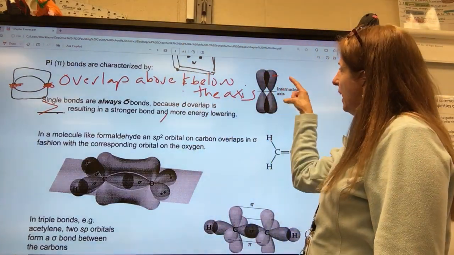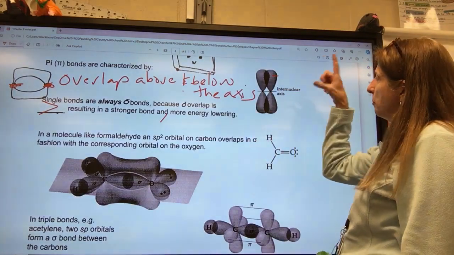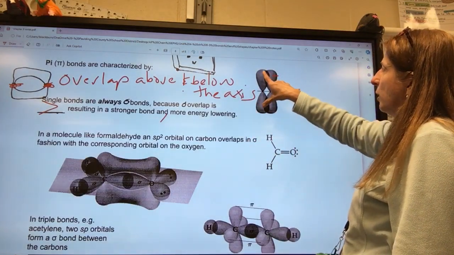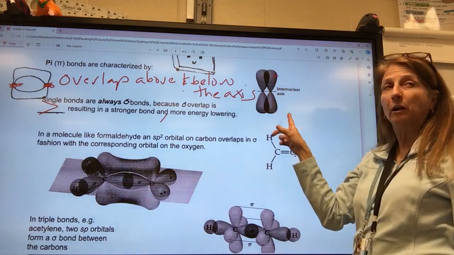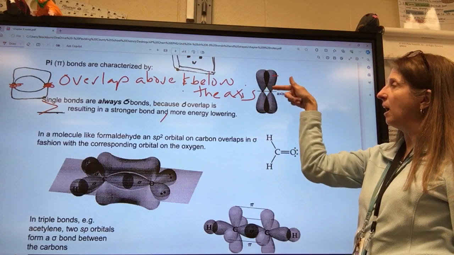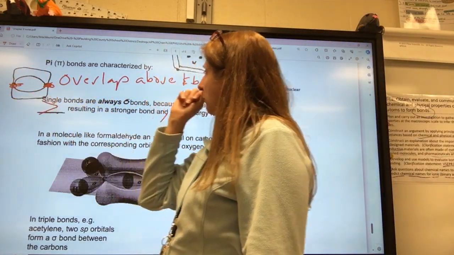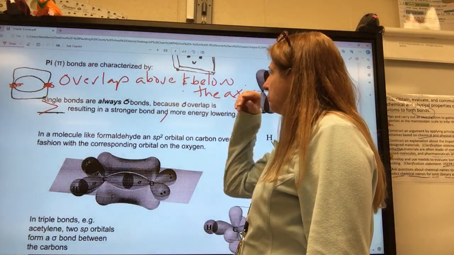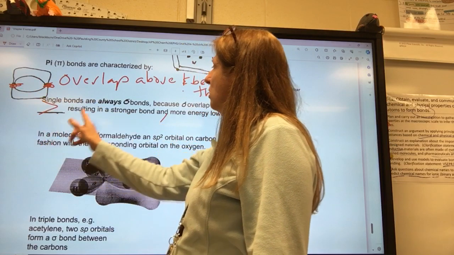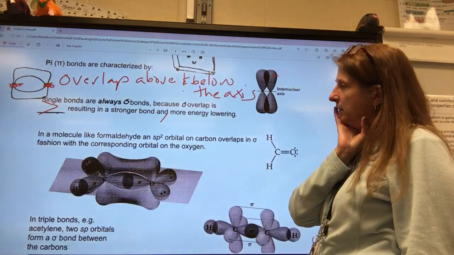Okay, so pi bonds are characterized by overlap above and below the axis. So here you've got 2 p's. And they're going to overlap. Remember, this is one orbital, that is one orbital. So if you have the Venn diagram, it is above and below. And it is not on the axis. So it's more like this, above and below. Single bonds are always sigma bonds because sigma overlap is greater, resulting in a stronger bond and more energy lowering.